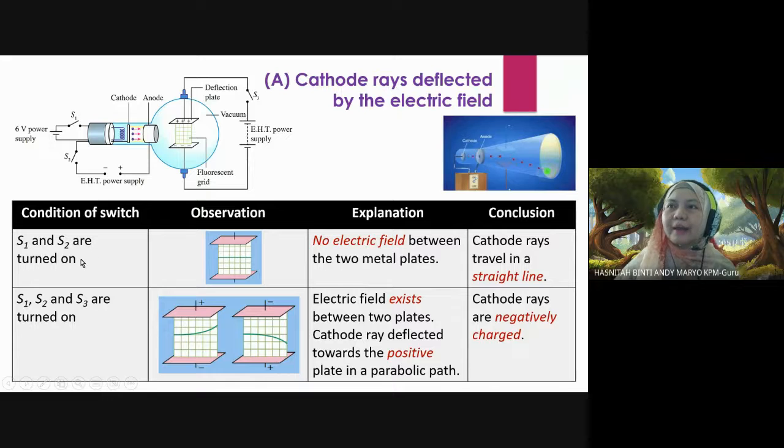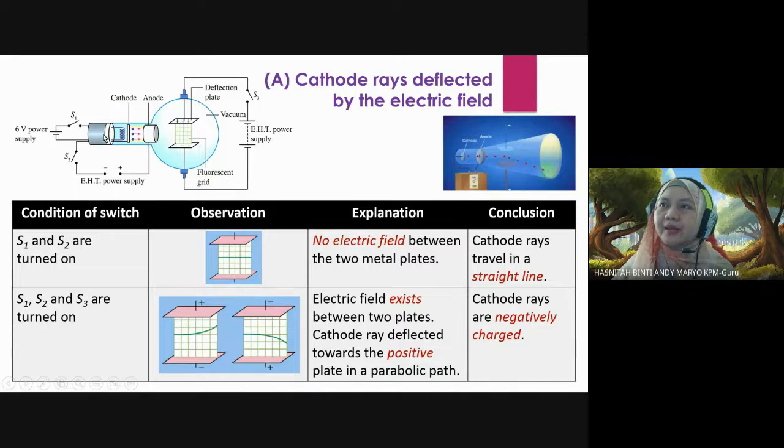So what happened when S1 and S2 are switched on? We close S1 and S2. You will see that there is no electric field between the two metal plates. Why no electric field? Because S3 is not switched on.